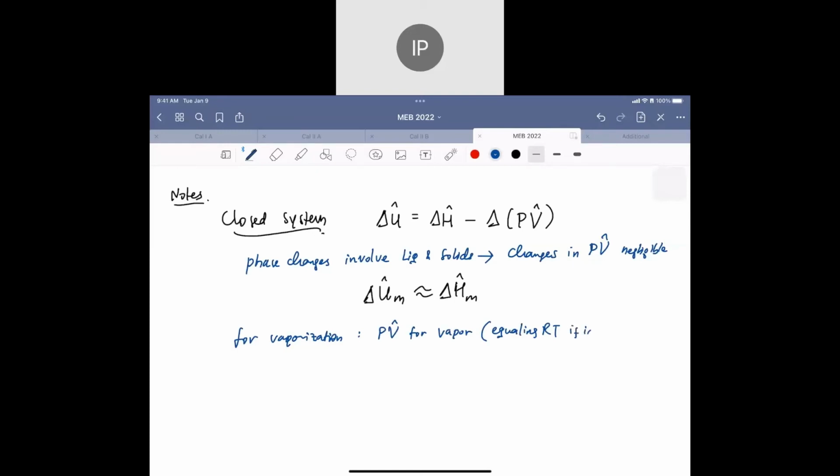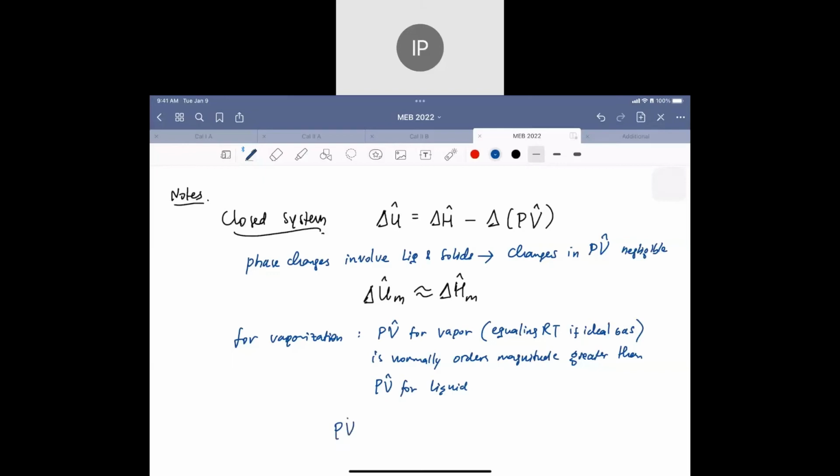If ideal gas, PV is normally orders of magnitude greater than PV for liquid. So the number is really greater than the liquid.